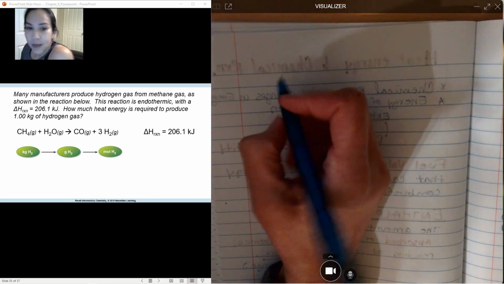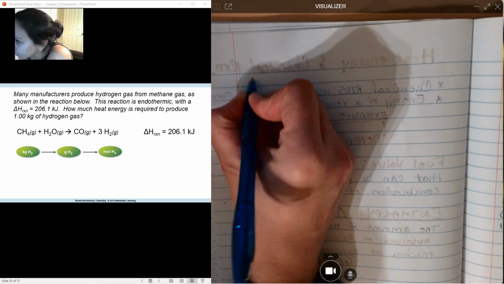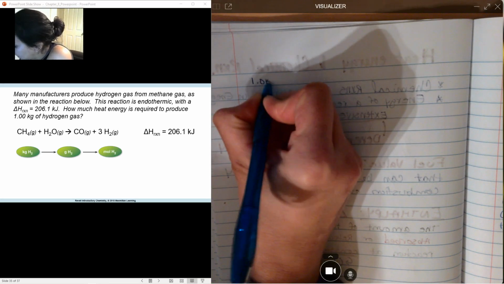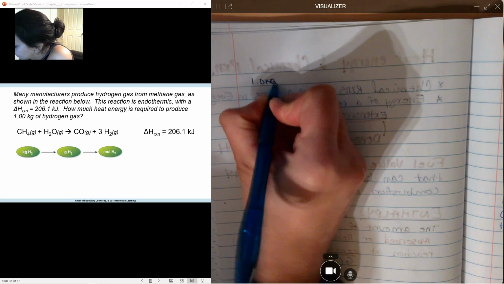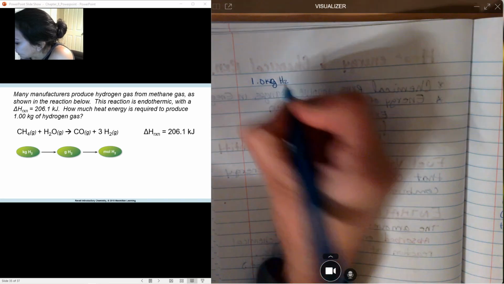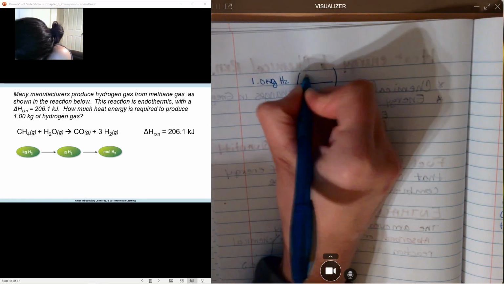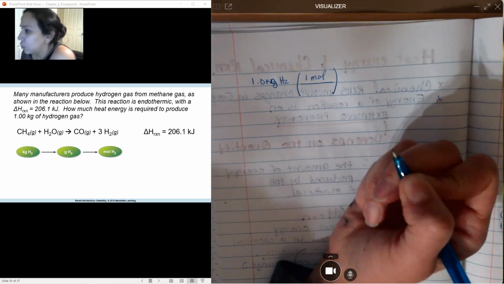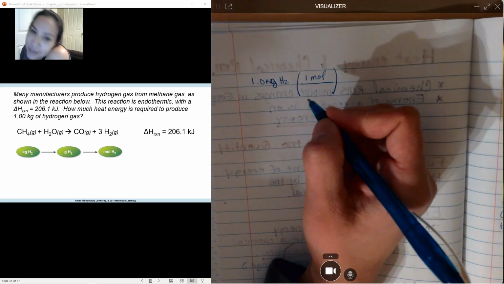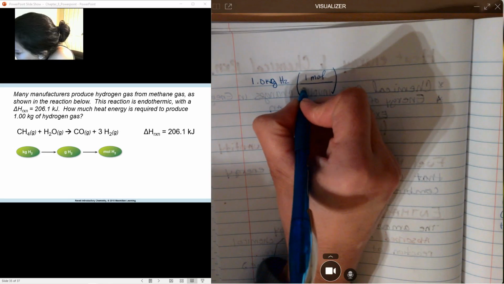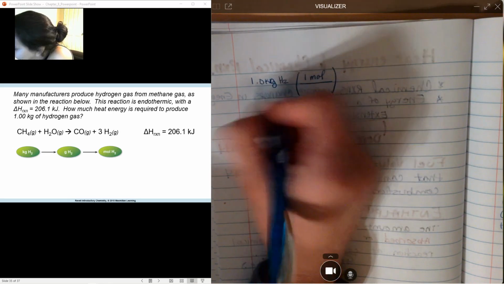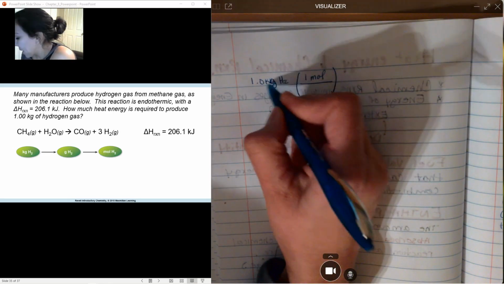So we have 1 kilogram of hydrogen gas, of H2 gas. And the way we're going to convert it is the same way we've converted everything else, by using the molar mass. So hydrogen gas is about, sorry, my mistake.